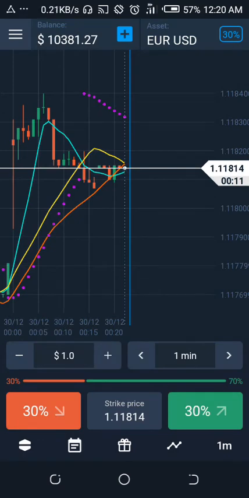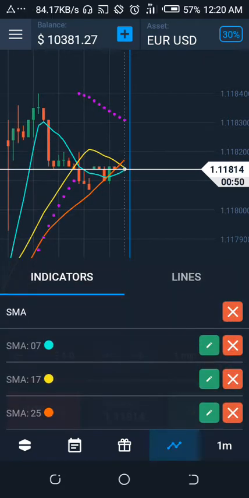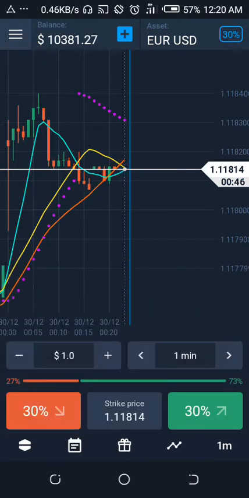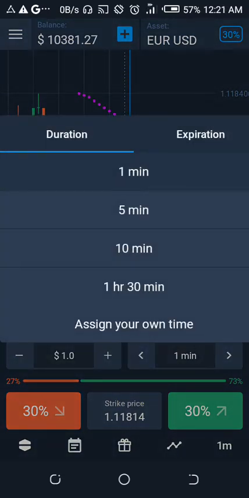So let's get started. Before you start trading, check that your SMA is set to 17, then 25. After that, check your time frame very well. Make sure your time frame matches your trading duration, which has been set to 1 minute, 2 minutes, or 5 minutes, depending on what you like.